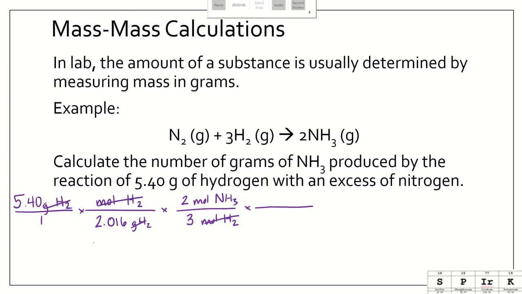So that is 14.01 plus 3 times 1.008, because I have 3 hydrogens. So that's 17.034 grams of ammonia for every mole of ammonia. Mole cancels with mole. We're left with grams of ammonia.